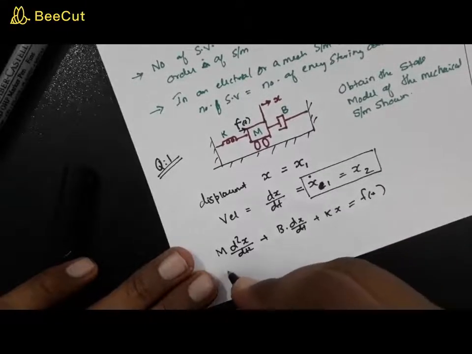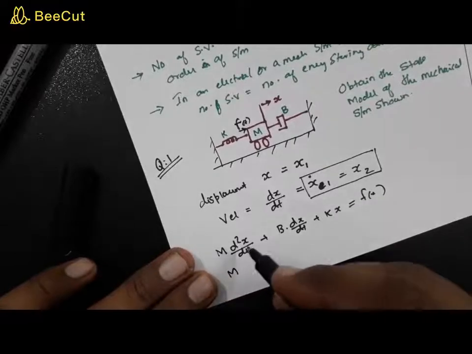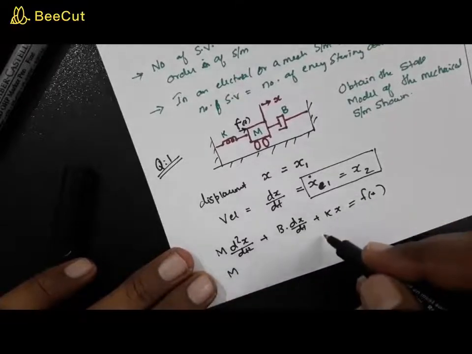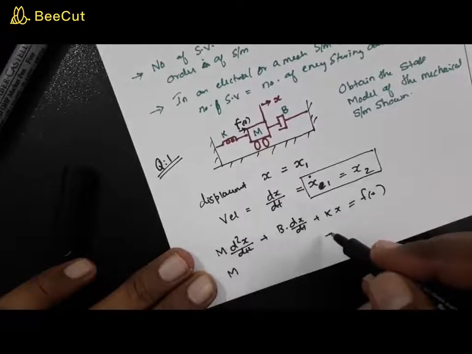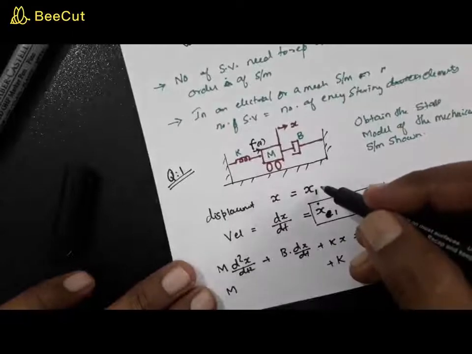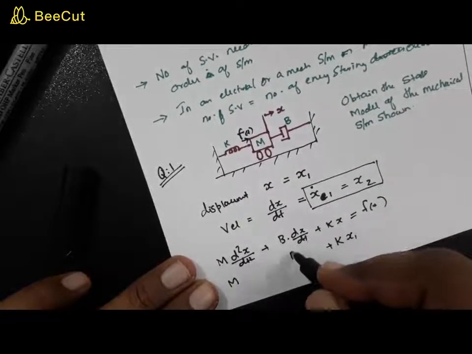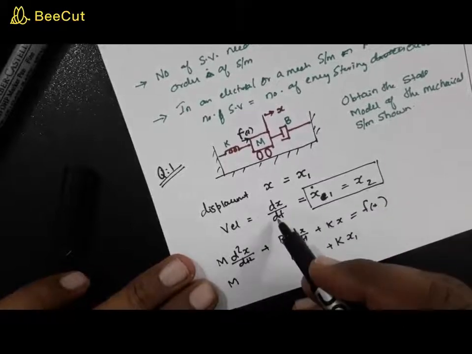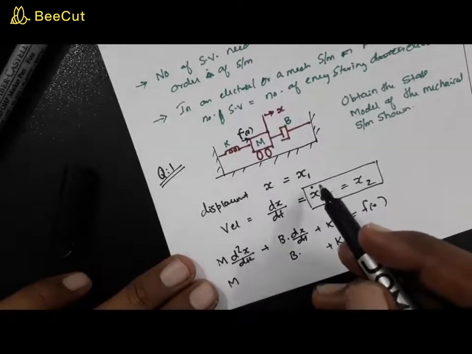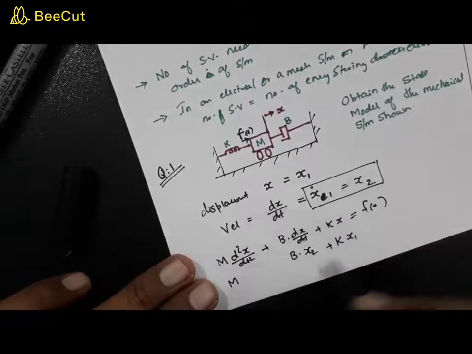Let's rewrite that. k into x is k into x1, plus b into dx by dt, which is x1 dot, which is x2.